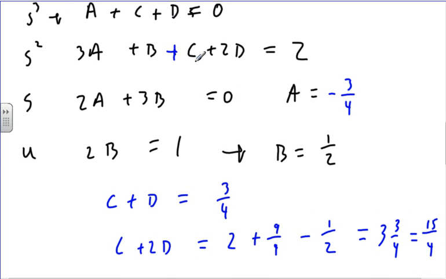So I got C. I got 2D. I have a 2 plus 9/4 plus 9/4 minus a half. Okay, I've got 8, 17, 17 minus 2, that's 15/4.